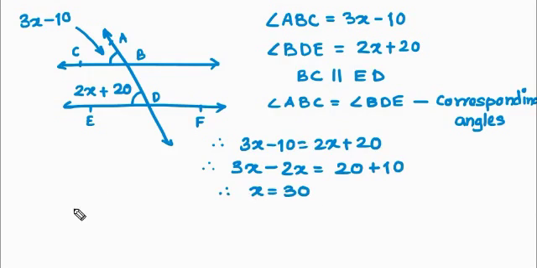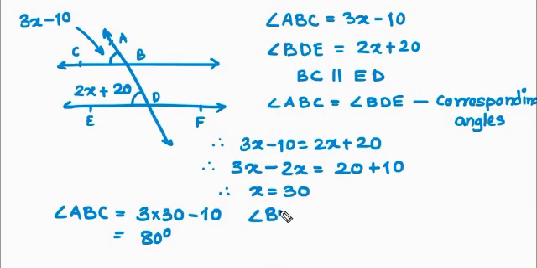And because x is equal to 30, we can find angle ABC is equal to 3x minus 10. So 3 times 30 minus 10, and that is equal to 90 minus 10, which is 80 degrees. And angle BDE is equal to 80 because they are corresponding angles.